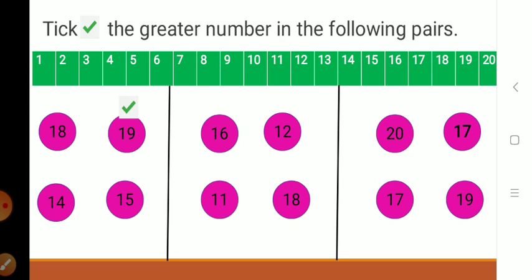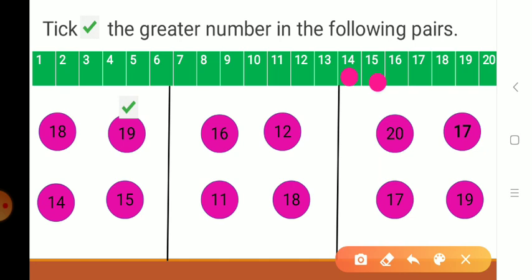Very good. Now see the next pair, 14 and 15. Again you have to see where is the number 14 on the number strip. It is here. And where is number 15? It is here. So 15 comes before 14 or after 14?